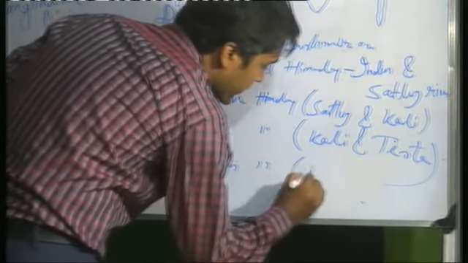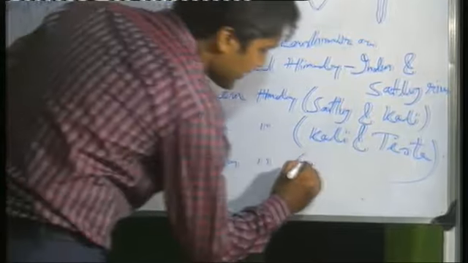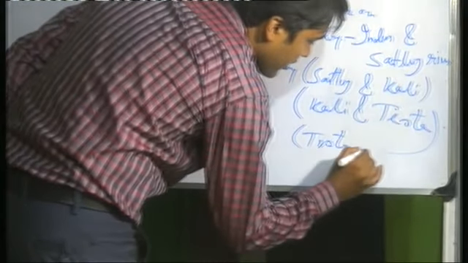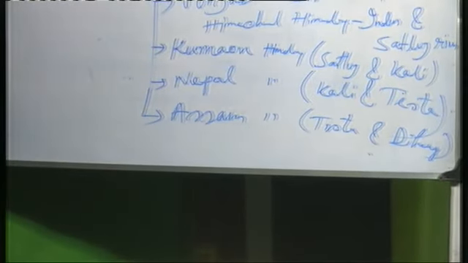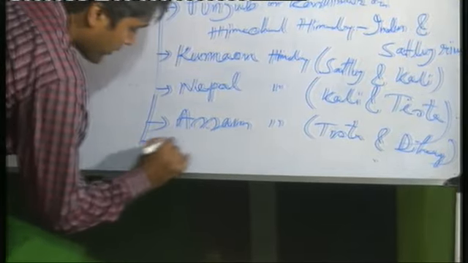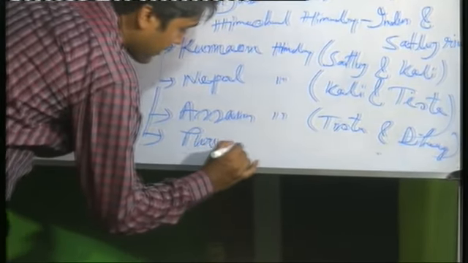It is situated in between the Tista and Dihang rivers. The Dihang river is situated in Arunachal Pradesh, another part of the Brahmaputra river. And the eastern part of the Brahmaputra river is called Purvachal, or the northeastern hilly region. These are the regional divisions of the Himalaya.